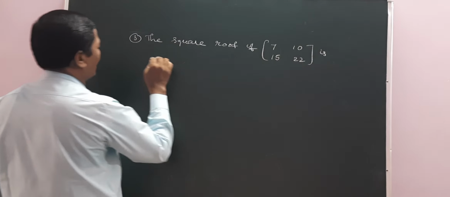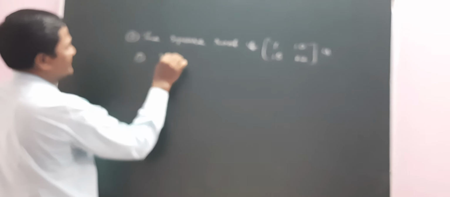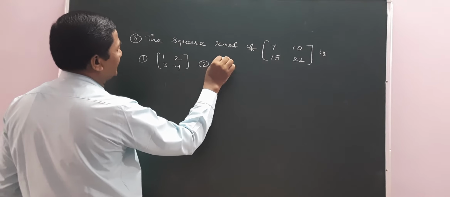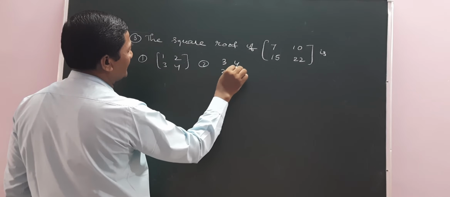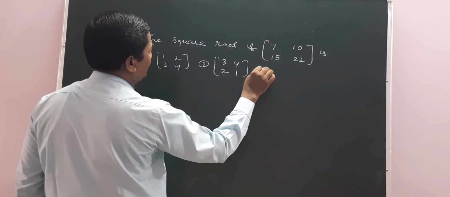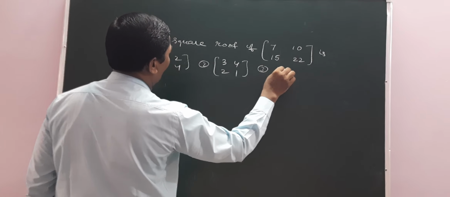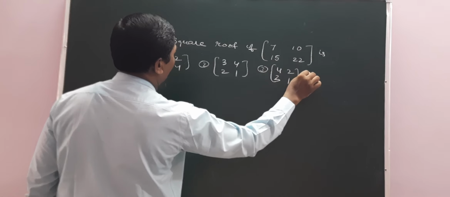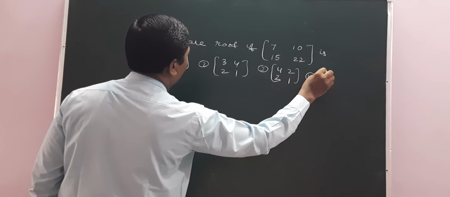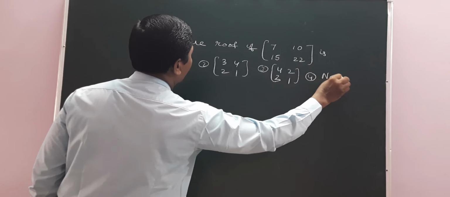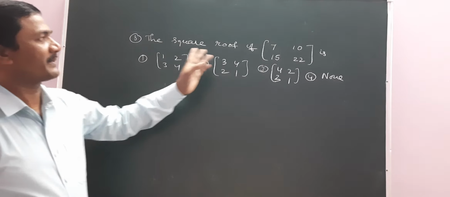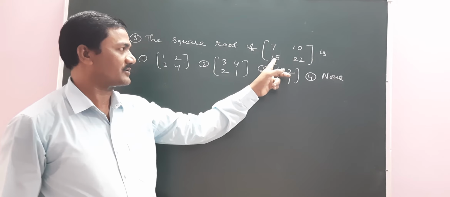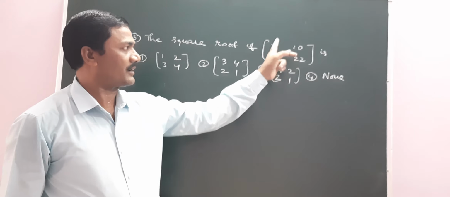Options 1, 2, 3, 4. Second one 3, 4, 2, 1. Third option 4, 2, 3, 1. Fourth option none. Generally, the majority of the students opt for none because 7 is not a perfect square, 10 is not a perfect square, 15 also, and 22 also. So all are not perfect squares.